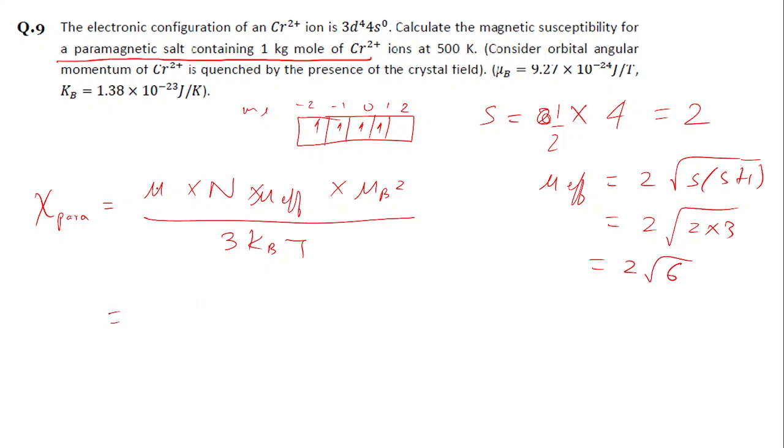Okay, permeability will be 4 pi. Don't get confused, one is permeability, one is magnetic moment. We use mu symbol for both, so just try to keep in mind, don't get confused.